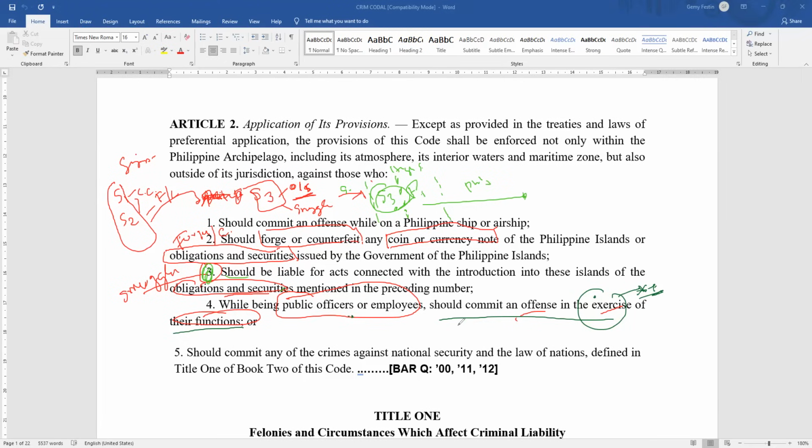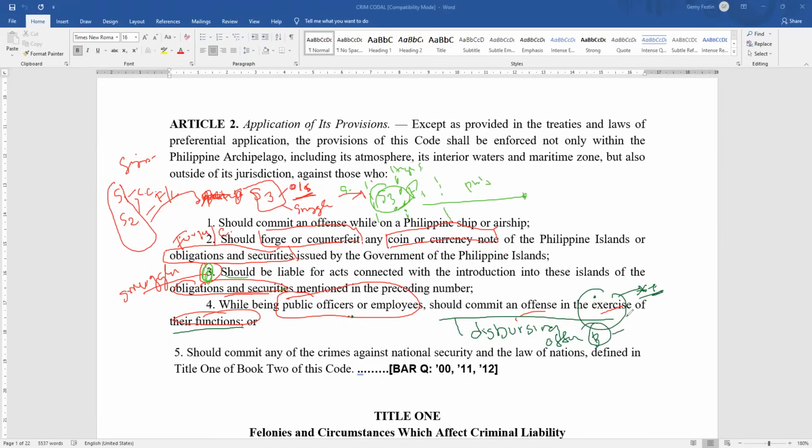So this can be viewed if, for example, in a particular embassy abroad, a disbursing officer, halimbawa sa Singapore, si B is a disbursing officer. Siya nagpapasweldo, in other words. And he misappropriated these public funds intended as salaries of his co-employees.